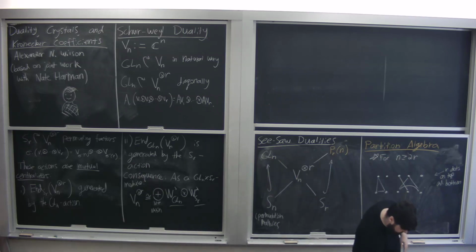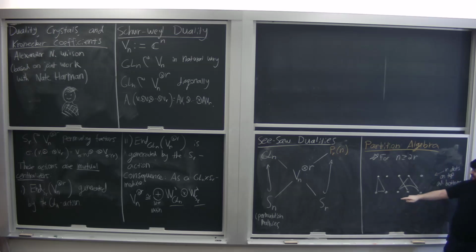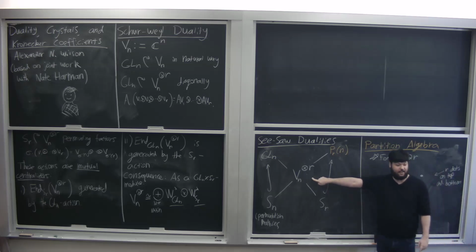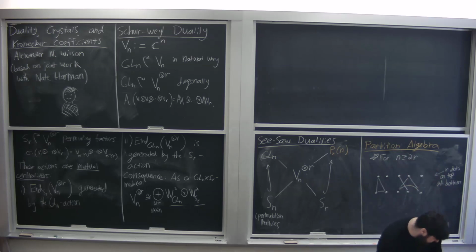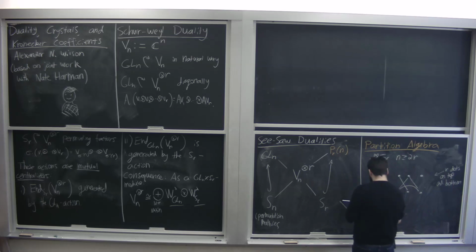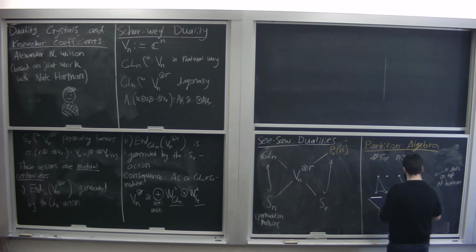Okay, so this partition algebra is supposed to be somehow acting on this tensor space. And how it's going to do that is it's going to take in some tensor product of basis vectors, e_i1, e_i2, e_i3, e_i4, e_i5.